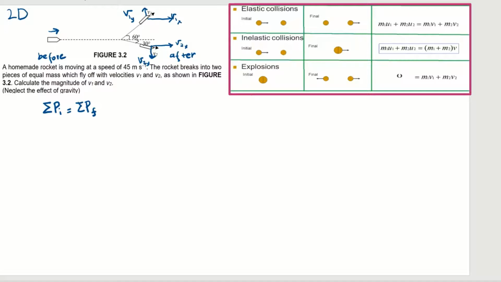When you sketch a vector, the tail always starts at the center, but the head, the direction of it, is outward from the center.